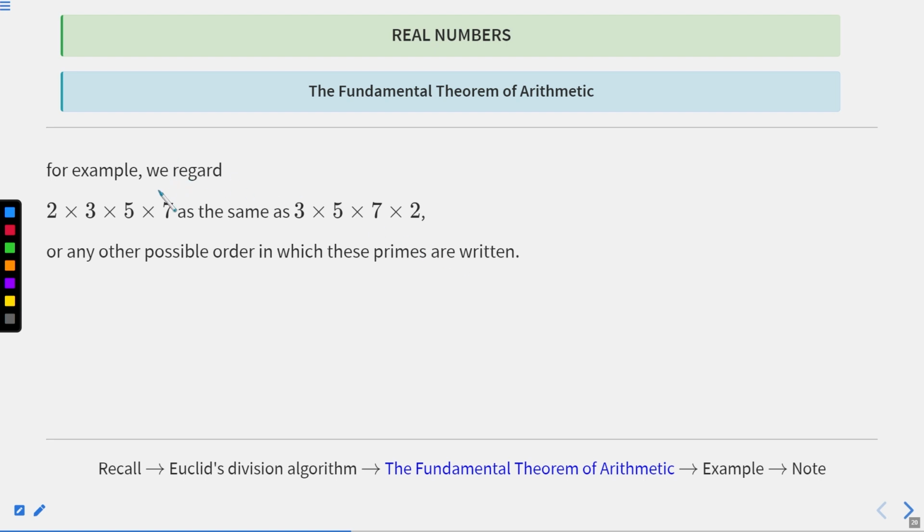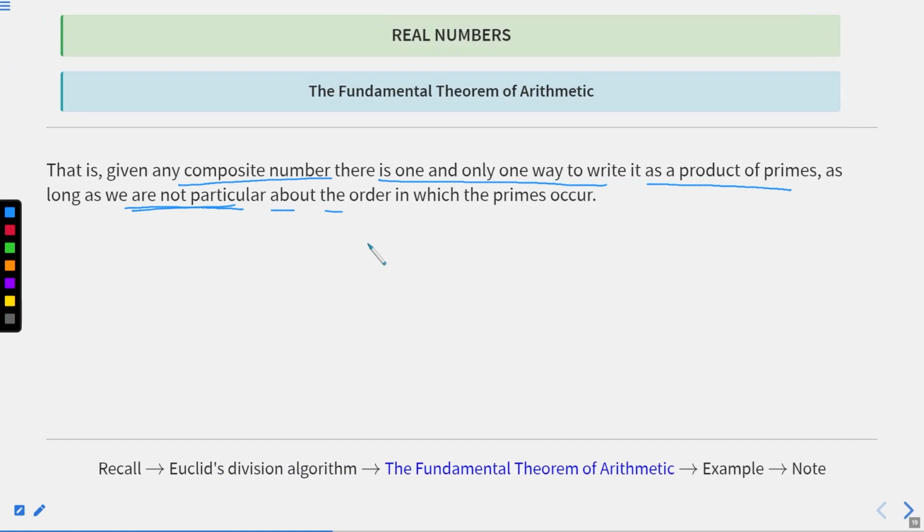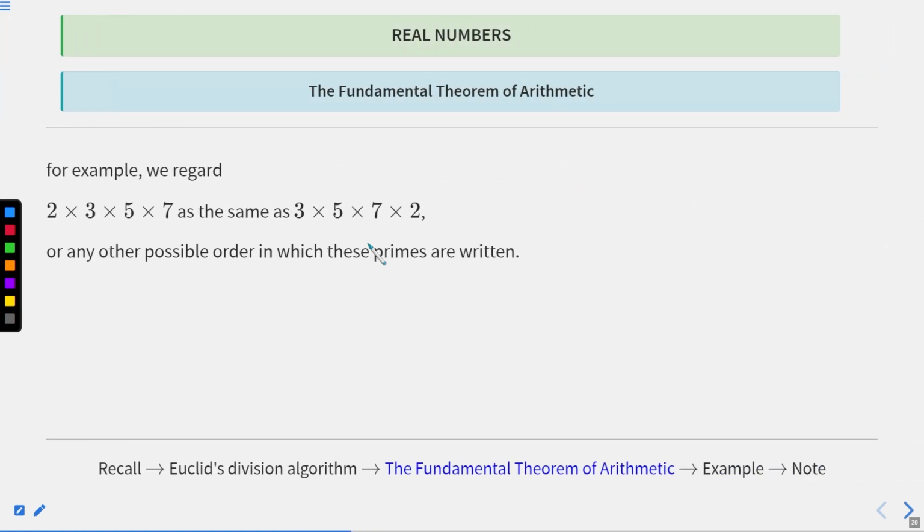For example, we regard the prime factorization 2 into 3 into 5 into 7, and the prime factorization 3 into 5 into 7 into 2, as the same, or any other possible order in which these primes are written. We are not particular about the order in which the primes occur.